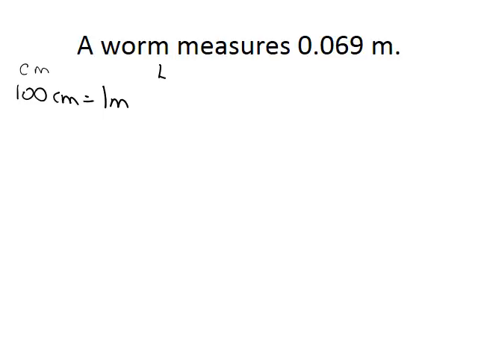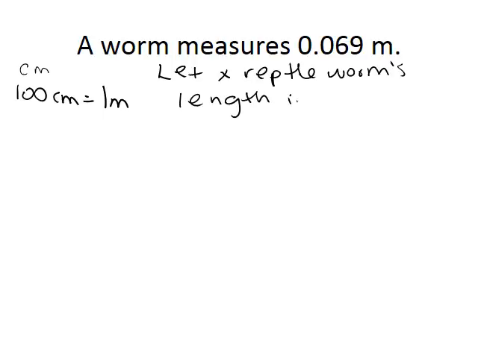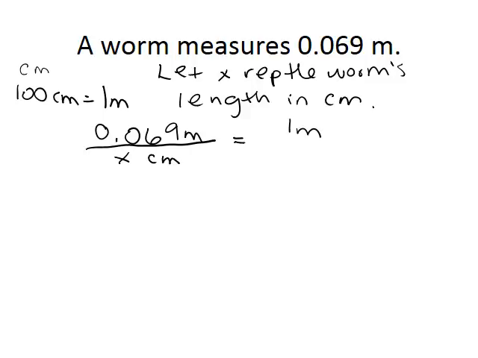My let statement would be let x represent the worm length in centimeters. So to set this up, I know that 0.069 meters, and I want to solve for what that is, so x centimeters, is equal to 1 meter and 100 centimeters.